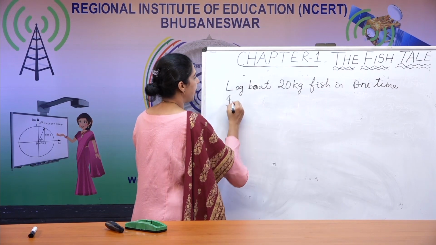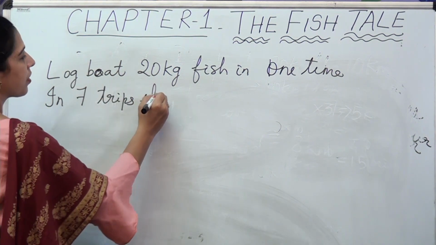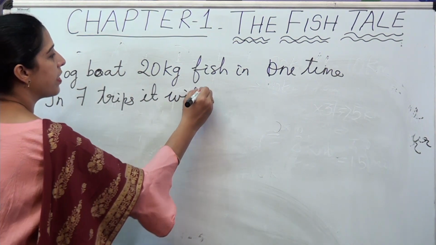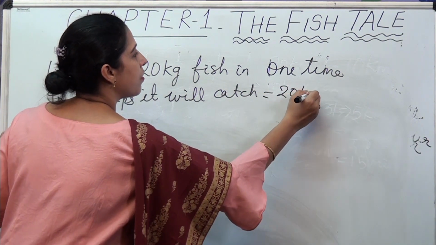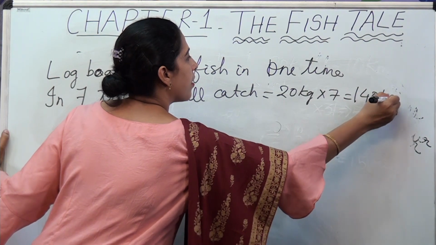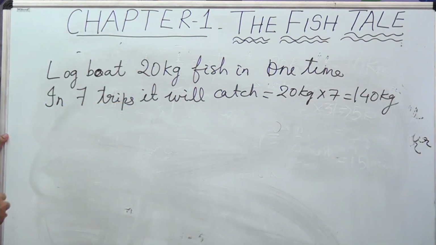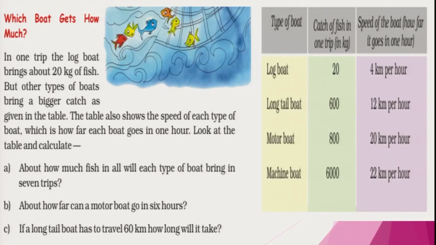So in 7 trips, it will catch 20 kg into 7 is equals to 140 kg. 140 kg.